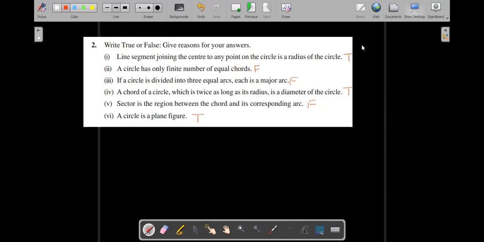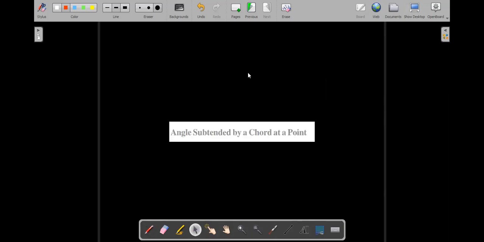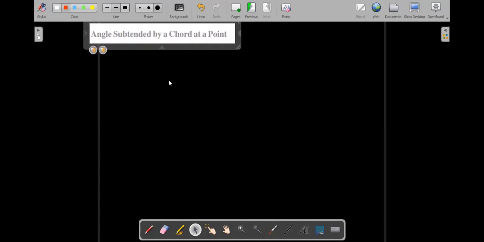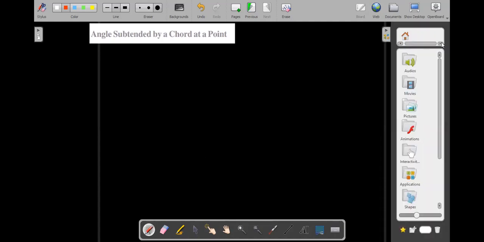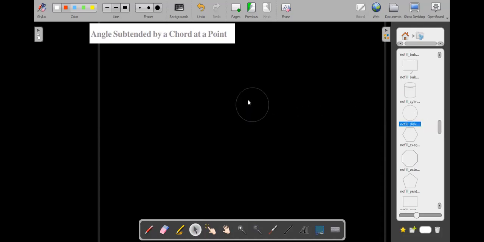Angle subtended by the chord at a point. So we'll take one circle. Angle subtended by a chord at a point.